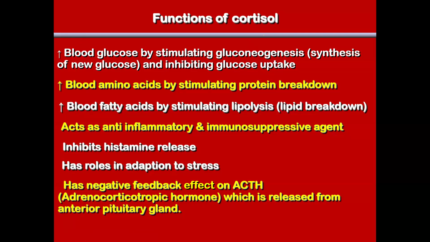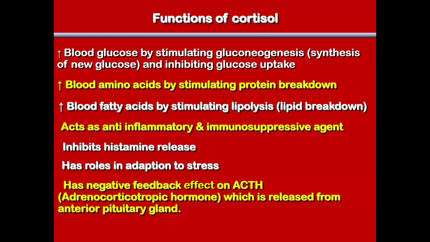So as a result of these two mechanisms, the cortisol results in increased blood glucose level. So if a person is having high cortisol levels in his body, his blood glucose will be high because the cortisol will stimulate gluconeogenesis and it will inhibit glucose uptake.